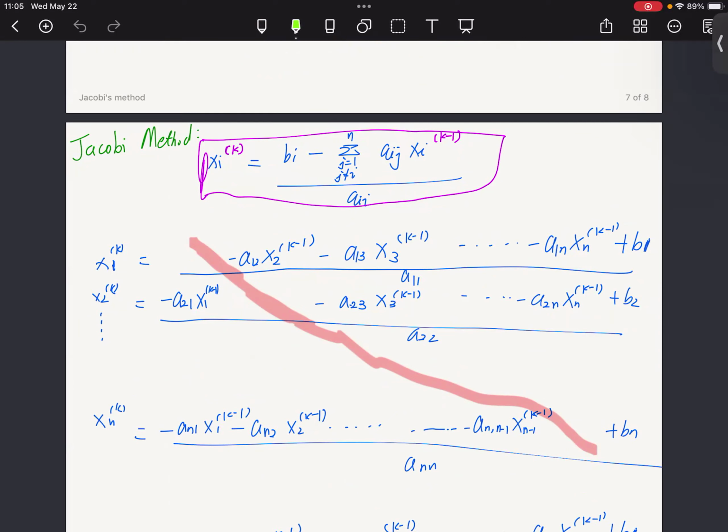Now we know the first component for the k vector, and we make use of this value instead of using the k minus 1 value. We change these to the k iteration values, the first component's value.